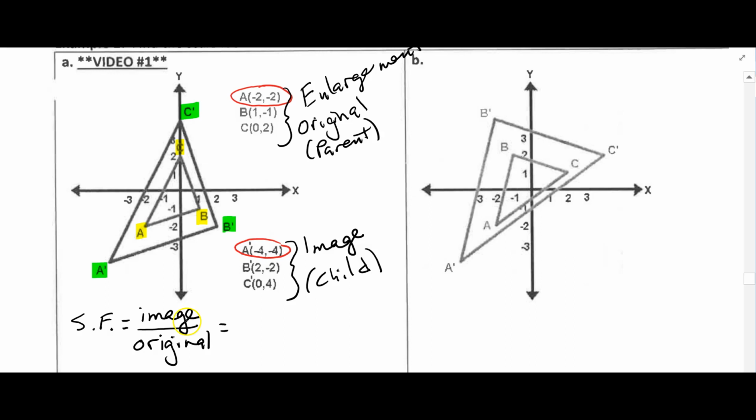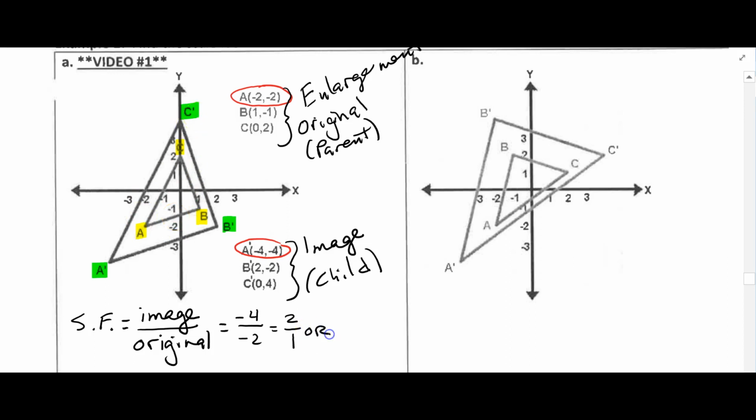So a coordinate from the image would be -4, and its matching coordinate from the original, point A, is -2, which reduces to 2 over 1. So our scale factor is 2 over 1, which basically means that everything in the original figure has been doubled to get the new figure, the image.